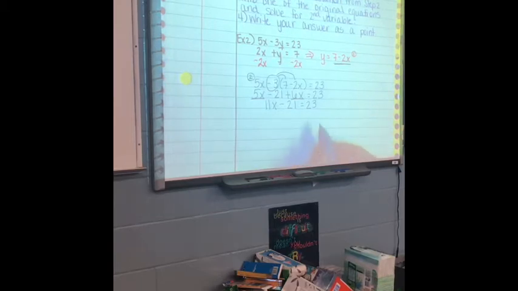And now I have a 2-step equation. I'm going to add 21 to both sides. And divide by 11. And x is equal to 4.